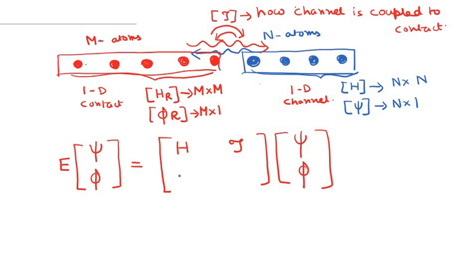So this coupling is denoted by this matrix tau dagger, and then the original equation for the isolated contact would be E2 phi equals HR phi. So we have this HR over here. This is the matrix of the entire system. This is basically, as I stated, n cross n.